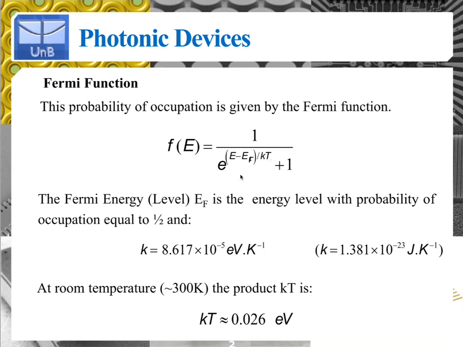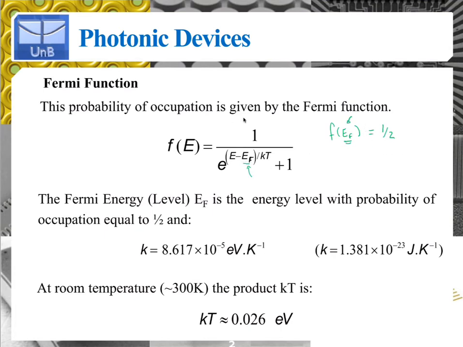The Fermi level, EF, is the level for which f of EF is equal to 1/2. So you have a 50% probability of occupation for this particular energy. That's how you define EF.